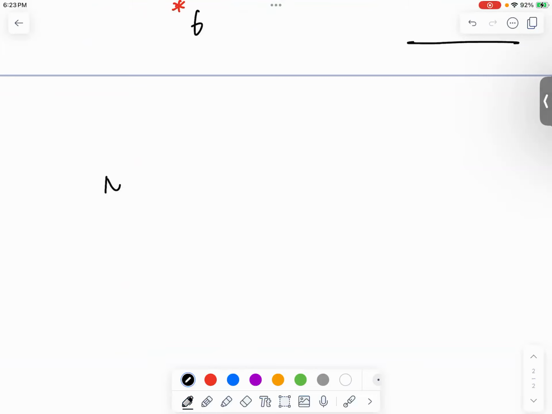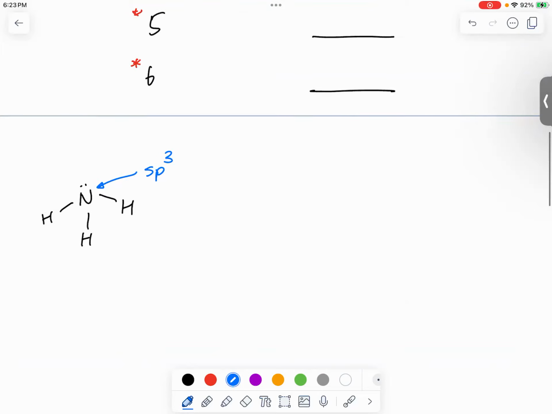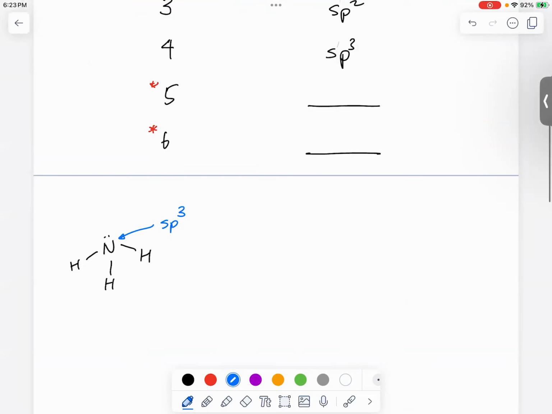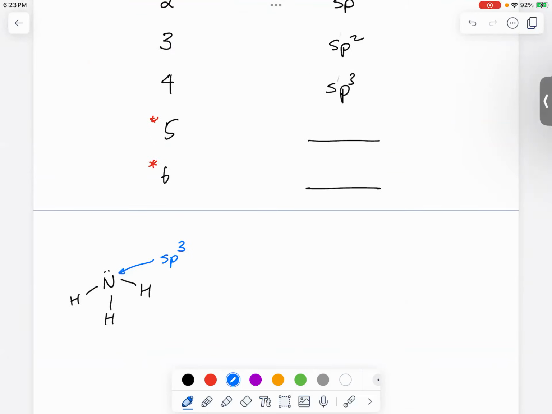Let's say we have NH3, ammonia. How many electron densities around the nitrogen? 4. So therefore, this nitrogen would be sp3. That's how we get to the right answer of labeling these central atoms, or any atoms, with the correct orbital hybridization. You simply need to count the number of electron densities, and you shall be able to get it right.